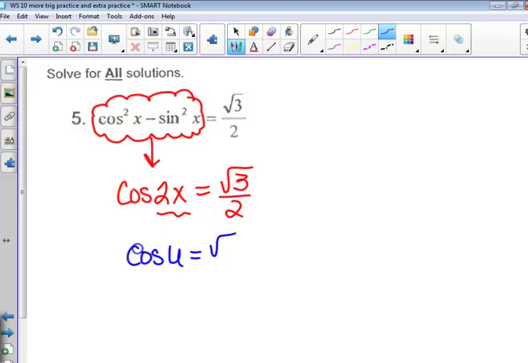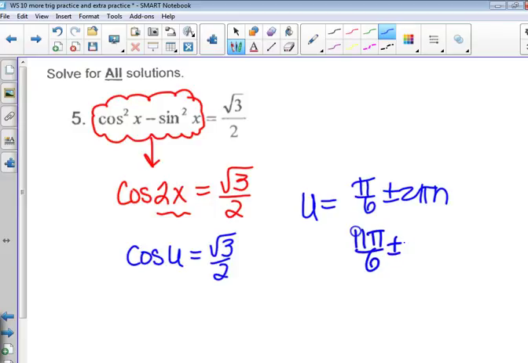Where is the cosine square root of 3 over 2? Answer me. Where is the cosine square root of 3 over 2? Now, if that's U, what did I substitute U for? 2x. No, it's not on the quiz. There's not a U substitution question on the quiz.